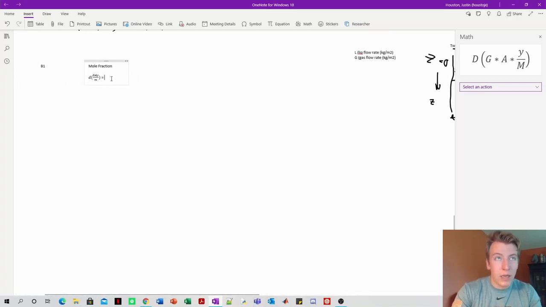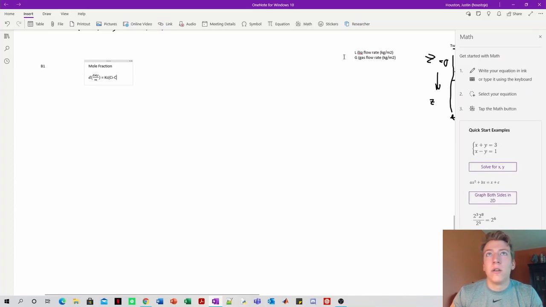Which is going to be, on the outside, Kc, which is the mass transfer coefficient, times, and I'm going to come back to that part just for more explanation. And this is going to be times the difference between the concentration at the interface of the area we're looking at minus the concentration away from the surface.